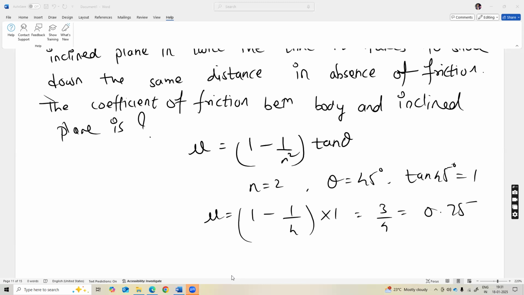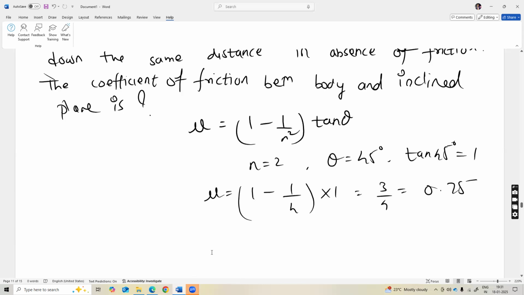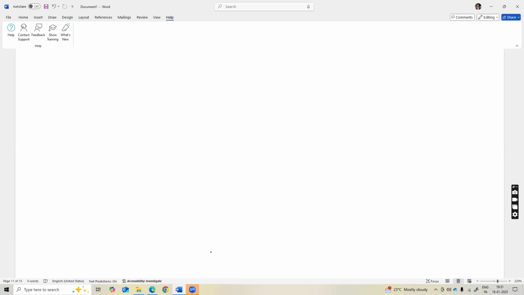Okay, so we'll see one last concept in friction. Now if we have two blocks, let's say this block has mass m1, and this block has mass m2. There is a coefficient of friction mu, and you have applied a force.